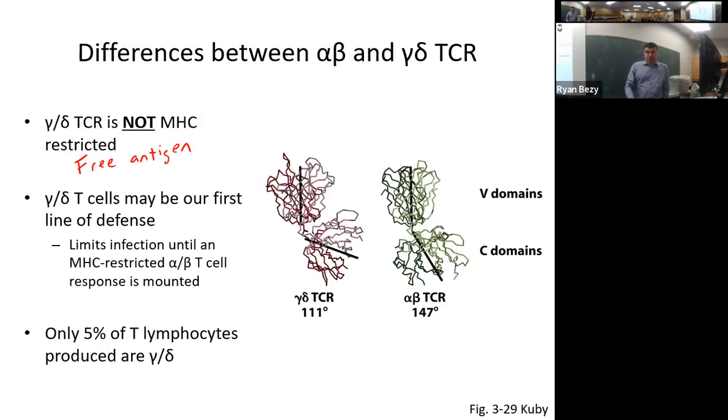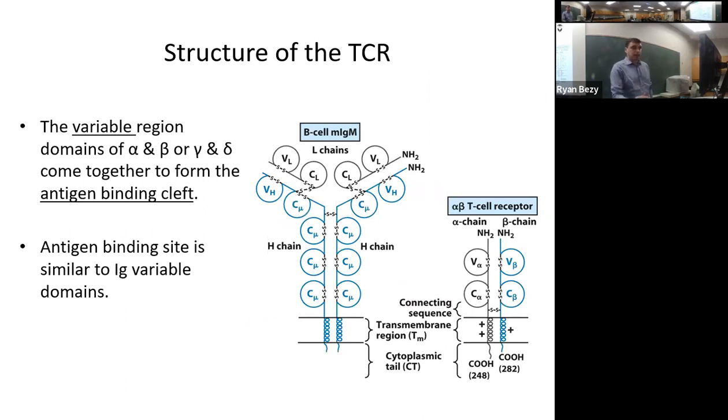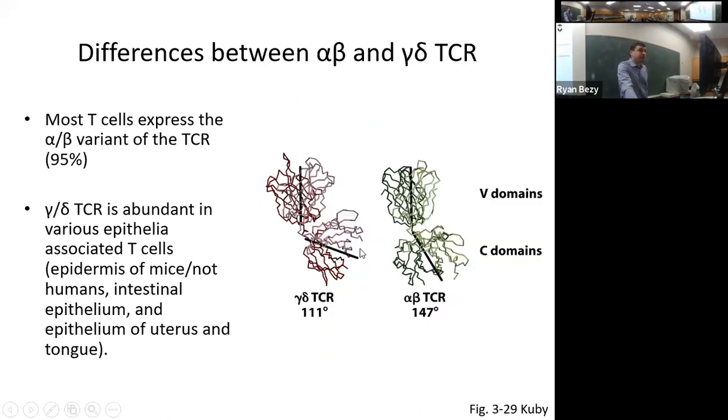The T cell receptor, again, looks a little bit like this. Do you guys see these little tiny short cytoplasmic tails? Remember how that was a problem with B cell receptors? It's also a problem with T cell receptors, whether or not it's alpha, beta, or gamma delta.